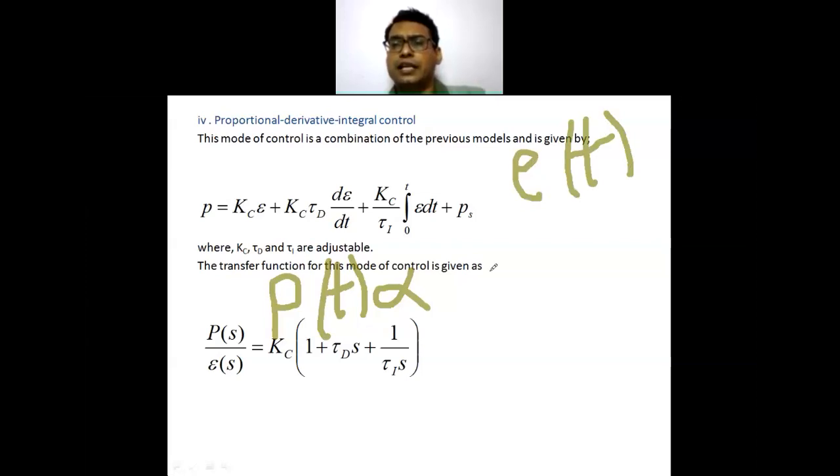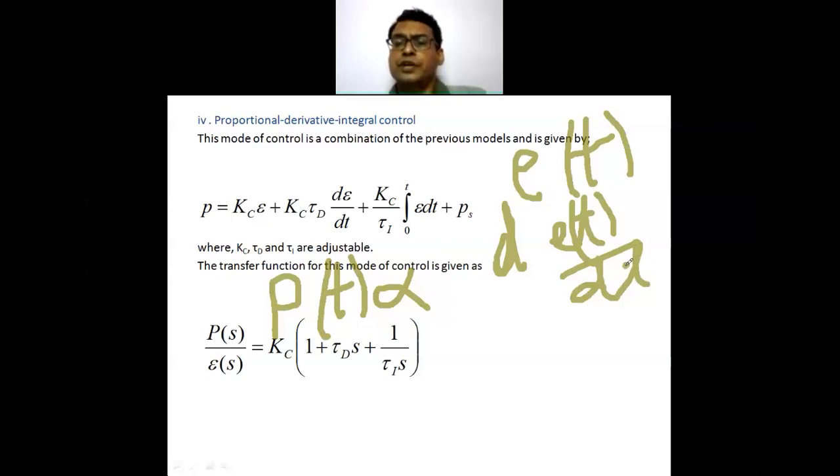Then it is directly proportional to the differential of the error dEt upon dt, and the third is the integral of the error Et dt.